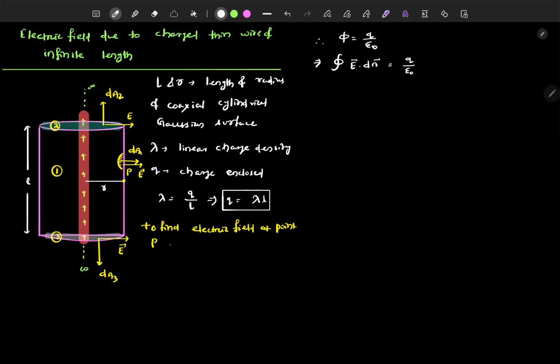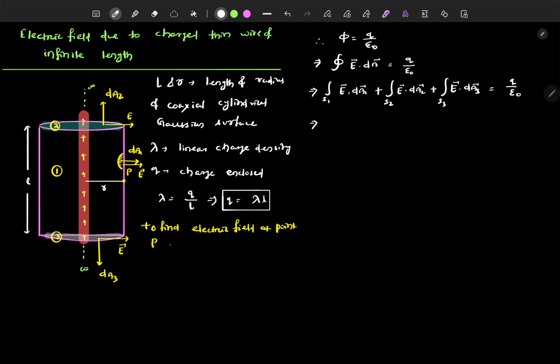This closed integral can be written as integration E vector dot dA1 vector for surface S1, plus integration E vector dot dA2 vector for surface S2, plus integration E vector dot dA3 vector for surface S3, equal to Q divided by epsilon naught.